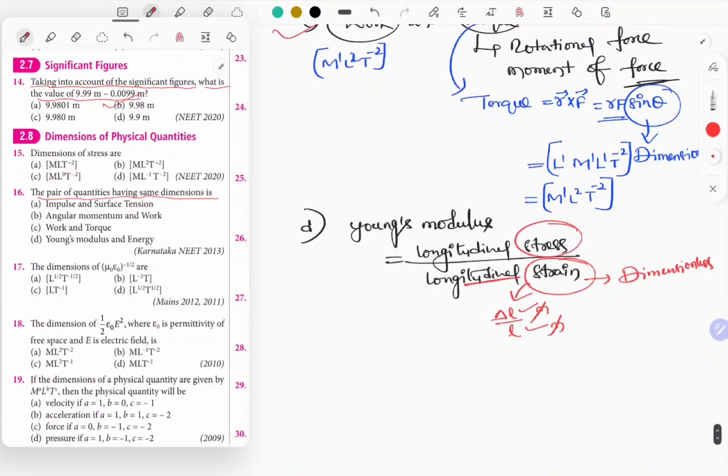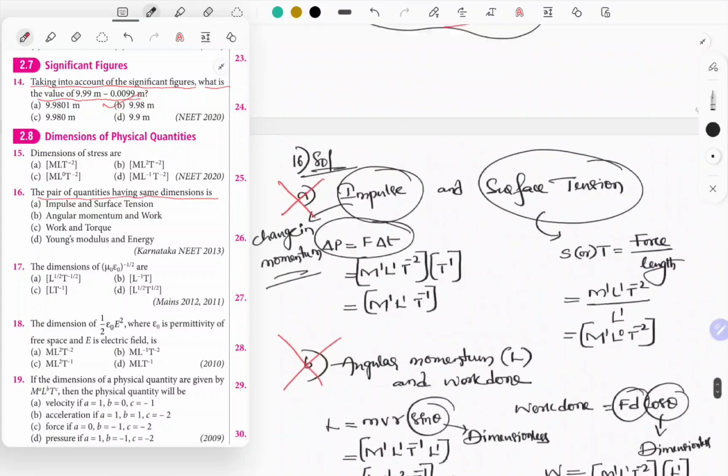You are going to get the same formula for Young's modulus also. Modulus of elasticity units and stress units are both the same. So the final dimensional formula is M power 1, L power minus 1, T power minus 2.